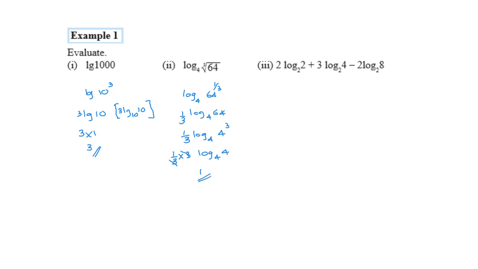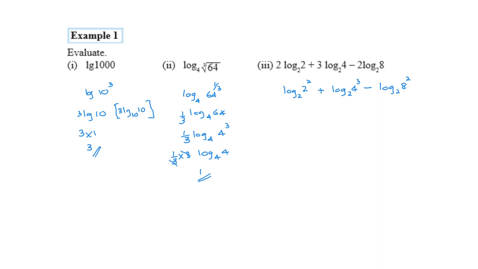Next example, you can write log base 2 of 2 squared. You can take the power 2 to the front, plus log base 2 of 4 to the power 3, minus log base 2 of 8 squared.